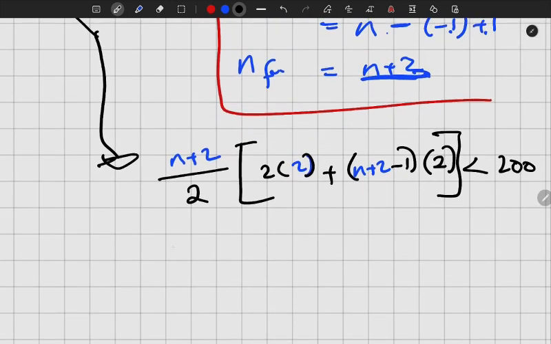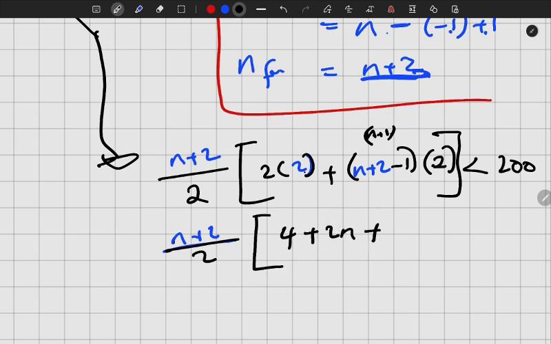Then we simplify this. Let's just leave this as n plus 2 over 2. Then it's going to be 4. n plus 2 minus 1 is going to be n plus 1 here, times 2. Then n times 2 is 2n, and 1 times 2 is 2.